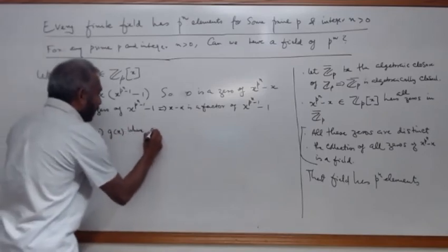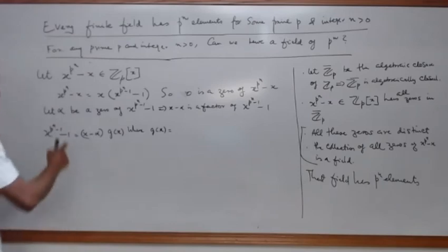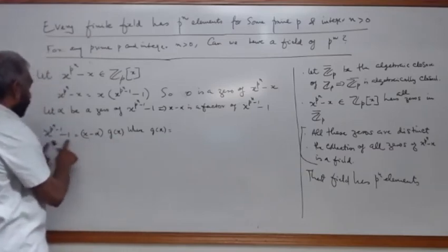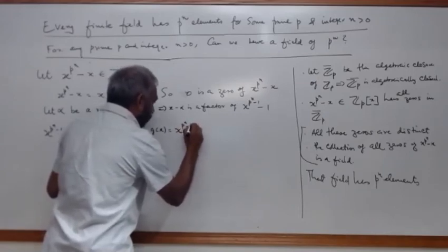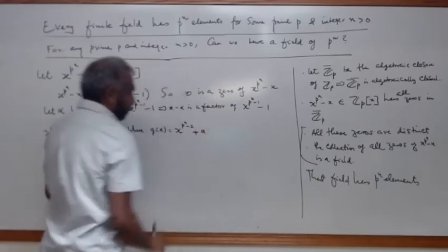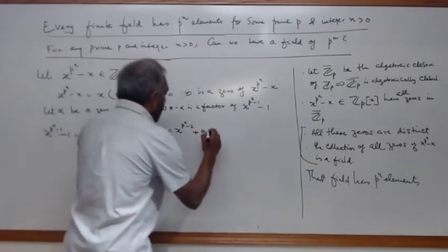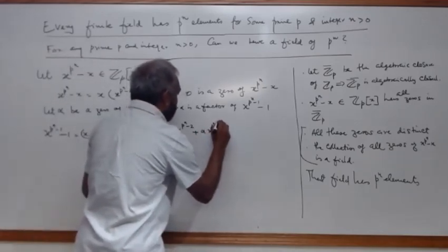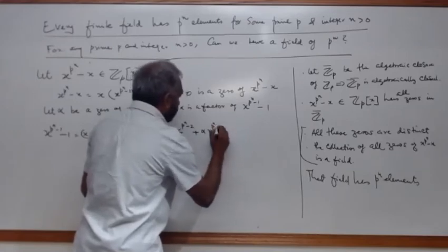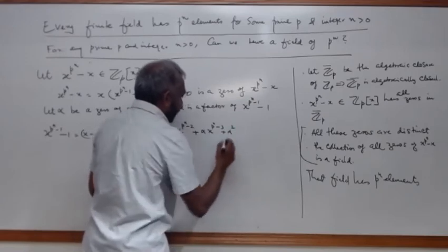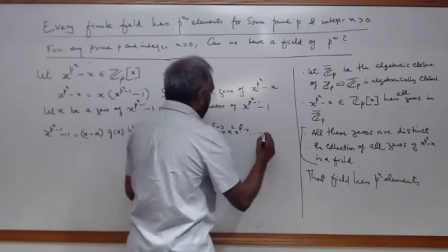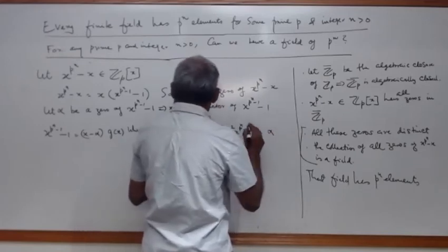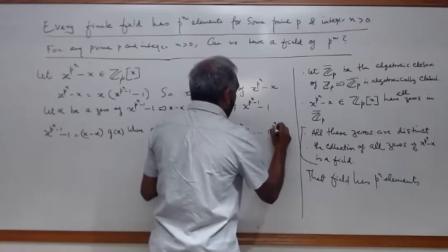where g of x is equal to, using long division, I'm not going to do it here, you can do a long division, it will be x to the power of p to the power of n minus 2 plus alpha times x to the power of p to the power of n minus 3 plus alpha square times x to the power of p to the power of n minus 4, etc. The last will be alpha to the power of p to the power of n minus 2.